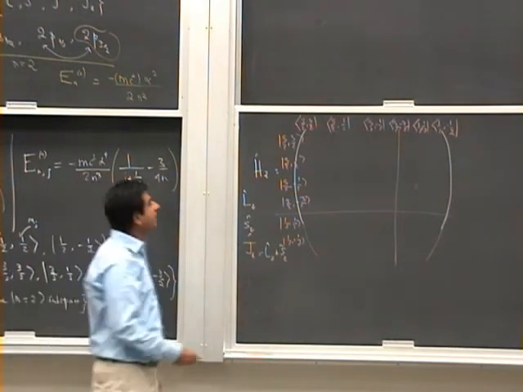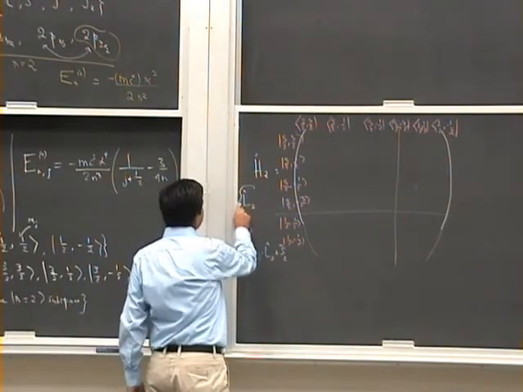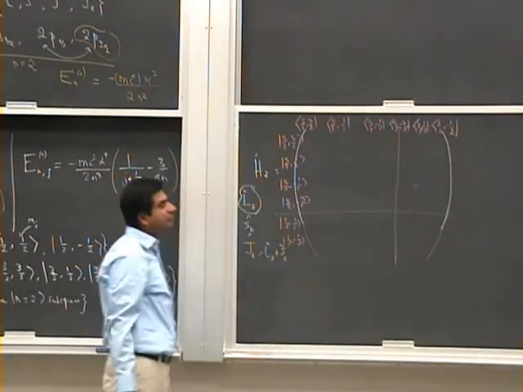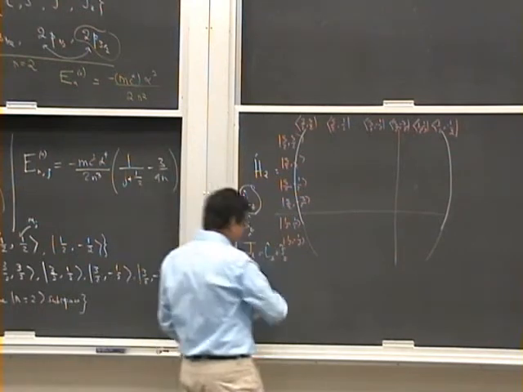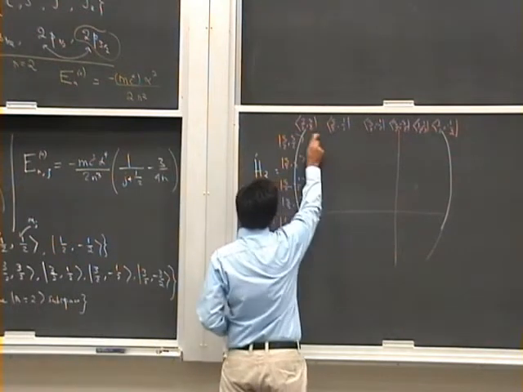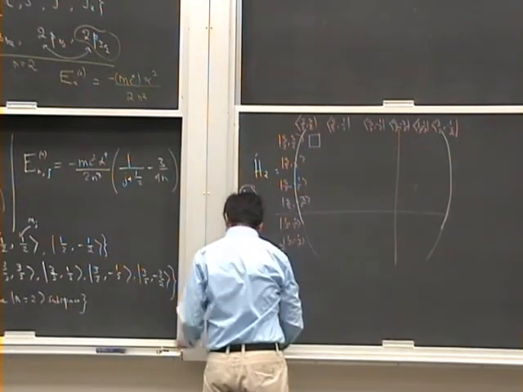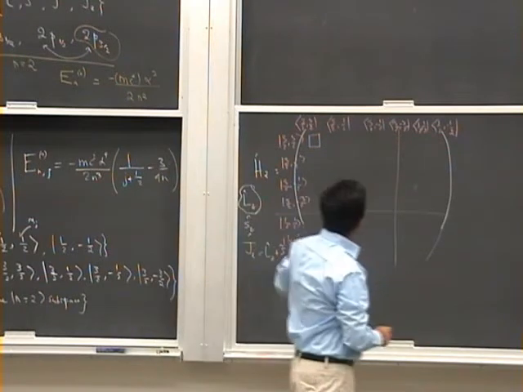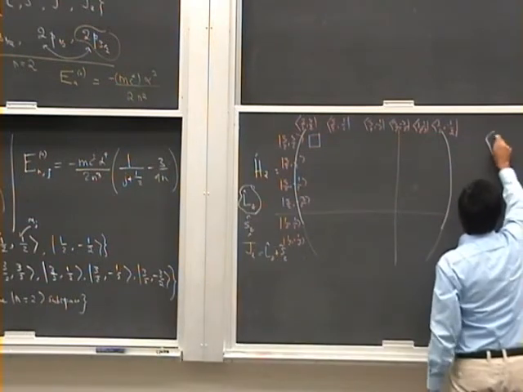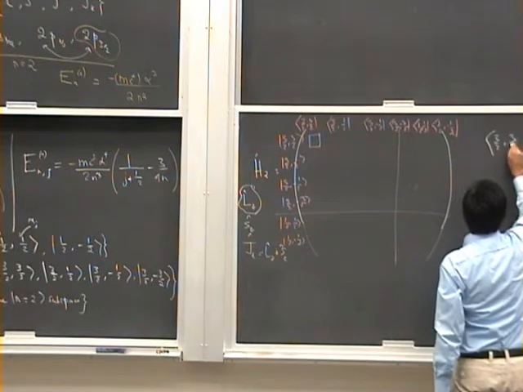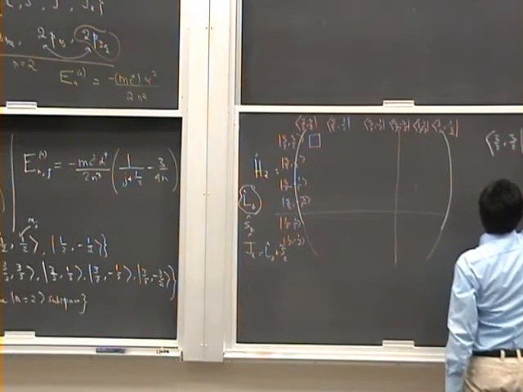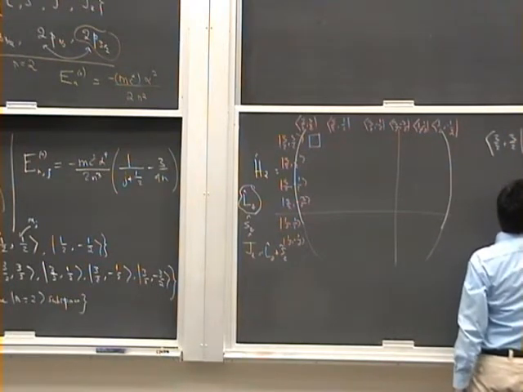For example, if I were to find out first LZ and the elements of LZ, let me just find out one element for you. Let me find out this element for you. Now this element really is <3/2, 3/2| LZ |3/2, 3/2>.